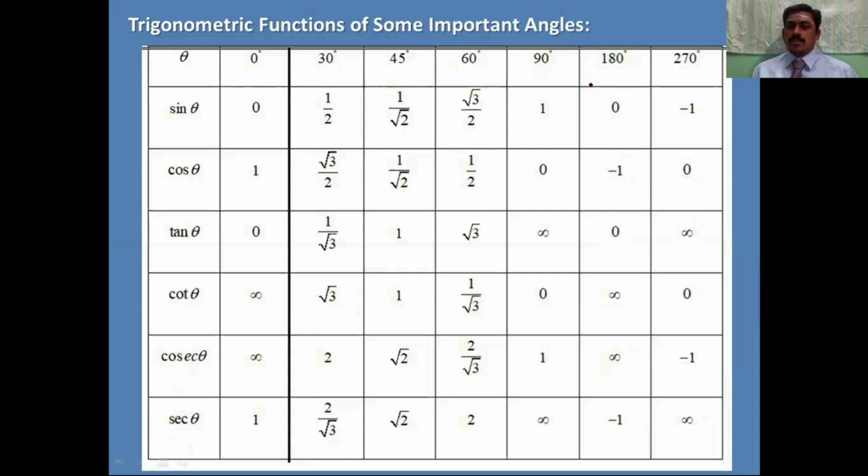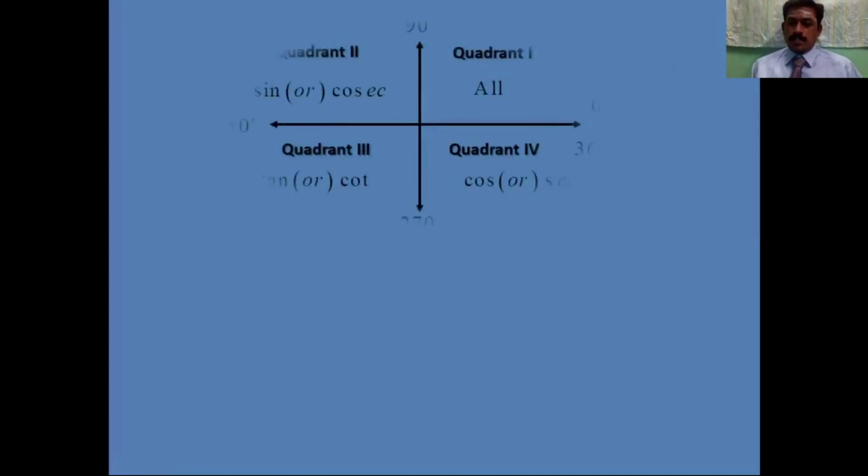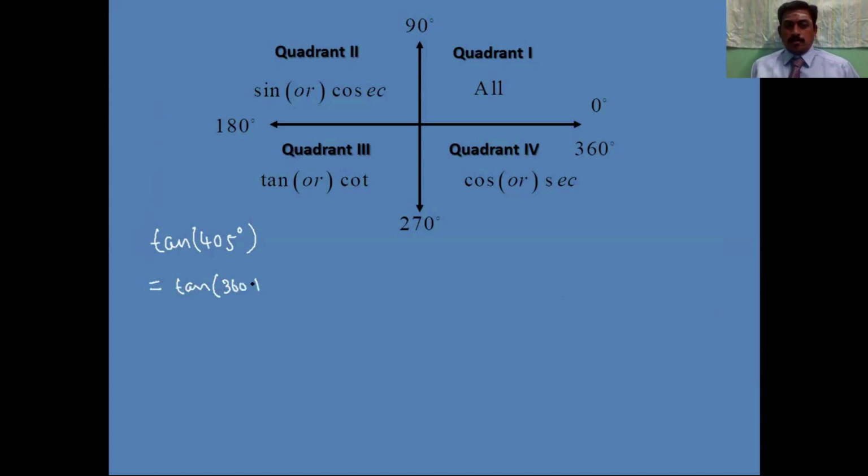Using the allied angle concept, we can find all the other angles. Now I am going to find angles other than these, beyond 270 degrees. For example, I am going to find tan of 405. How can you write this? Tan of 405 can be written as tan of 360 plus 45 degree.